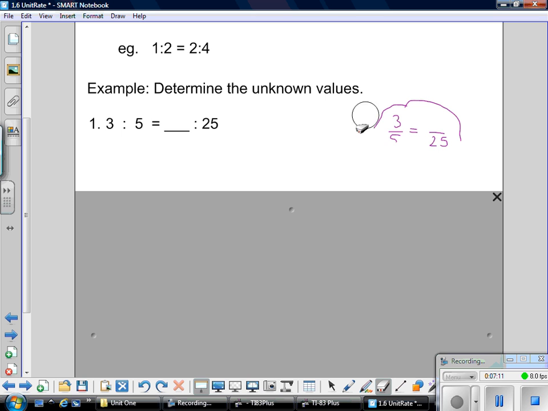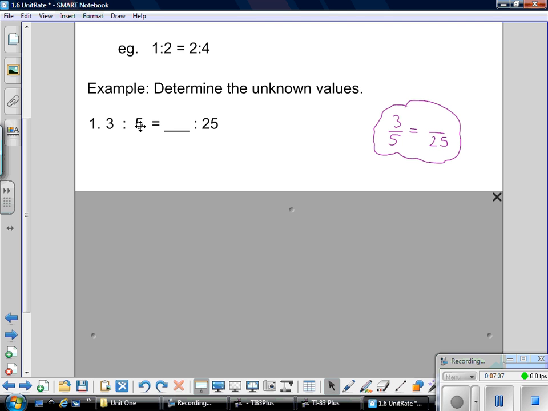Okay, so I could do 3 to 5 equals something over 25. So I could do that as well. However, in many cases, I'm going to have more than two numbers of interest in my ratio. So the fraction part doesn't always work.